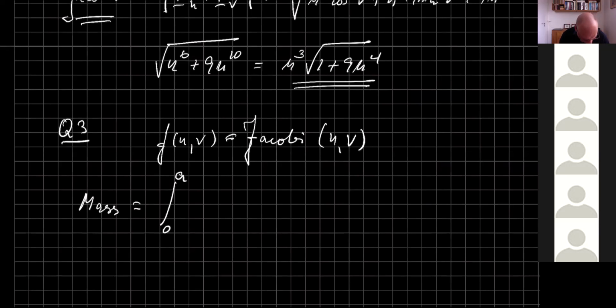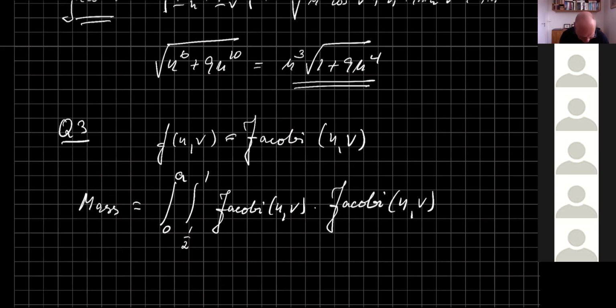Remember that v is between these values, and u is between 1/2 and 1. This is your f value, and then you should multiply by the Jacobi, and then du dv.